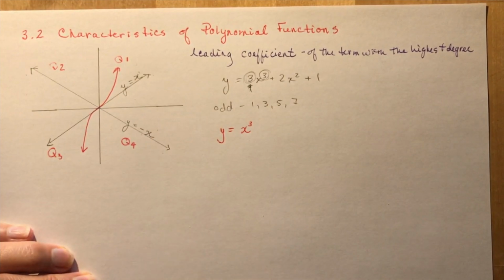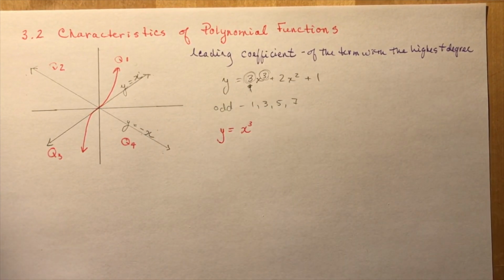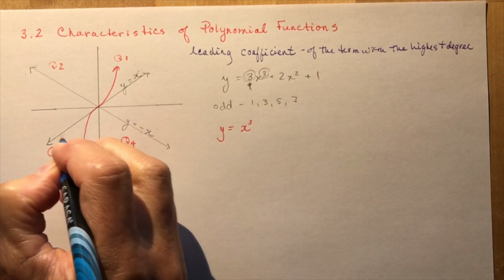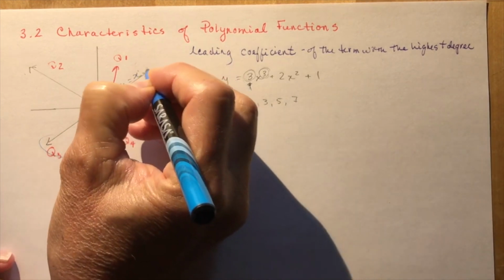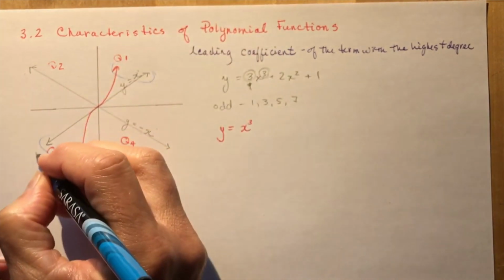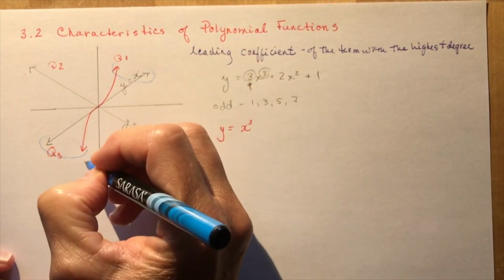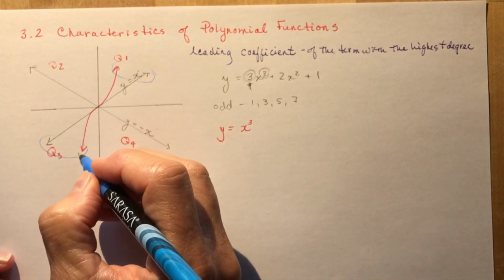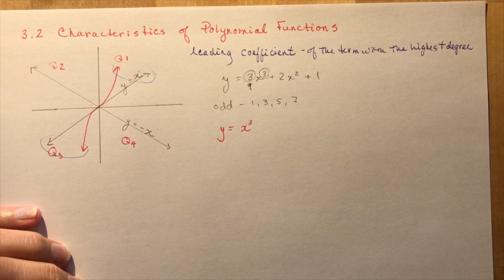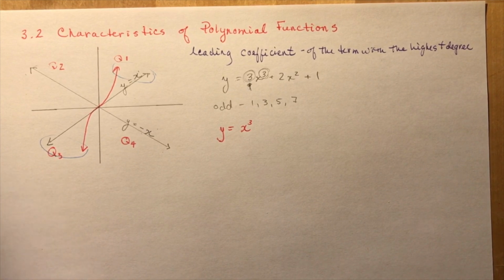So what you need to note here is that when they are the same positive leading coefficients, they will start in Q3 and end in Q1. So it's going, we're reading from left to right. So if this line's going this way, then my cubic function will also start in this quadrant and end in this one.